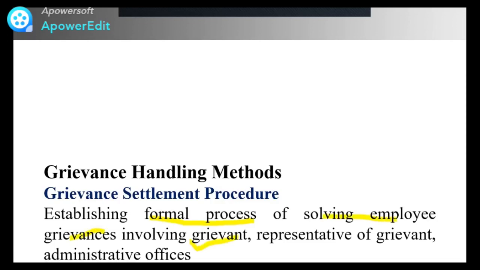Involving the grievant, the worker who has the grievance, the representative of the grievant, the trade union member or trade union leader, and the administrative officers. Then the company can prepare a formal process of solving employee grievances.